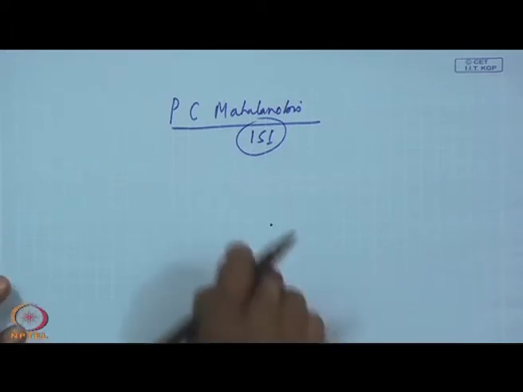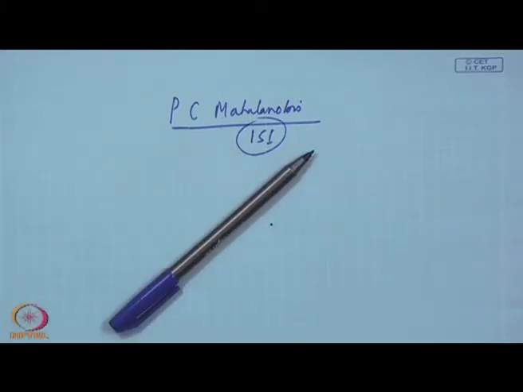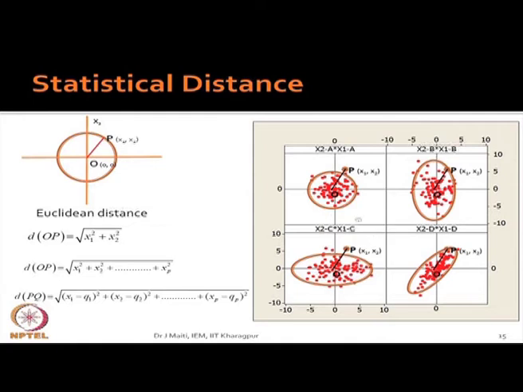Now, look at the slide. On the right-hand side there are 4 figures. The first, the leftmost top one, resembles a circle. The second depicts an ellipse. The third is also an ellipse. The fourth is also an ellipse.